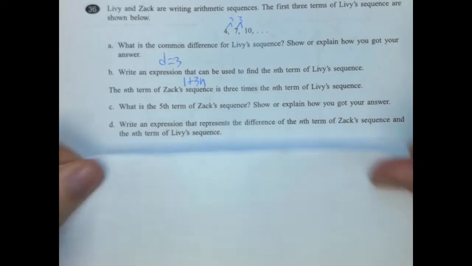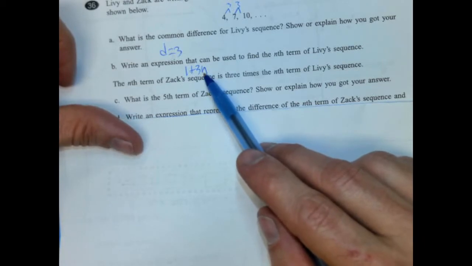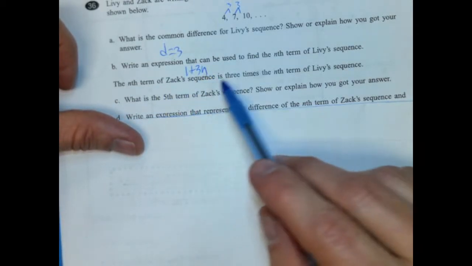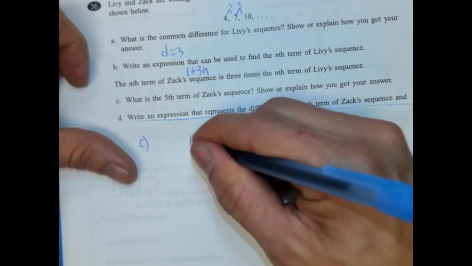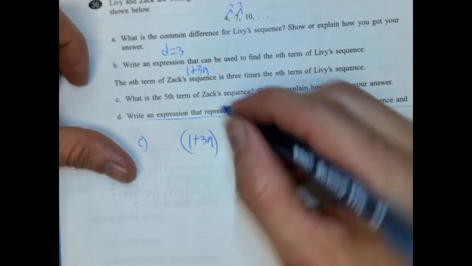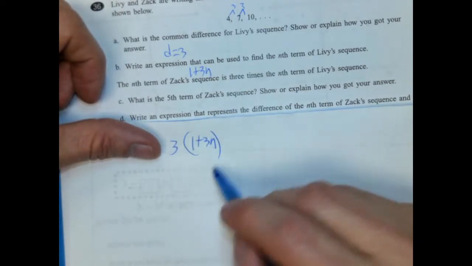Okay. So the nth term. So we know that this represents the nth term in Livy's, and Zack's is 3 times that. So we're going to take this expression, 1 plus 3n, and we're going to multiply it by 3. Okay? And that's going to tell us what's happening here.